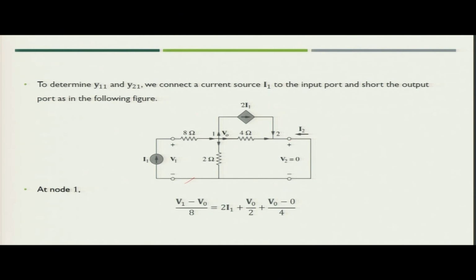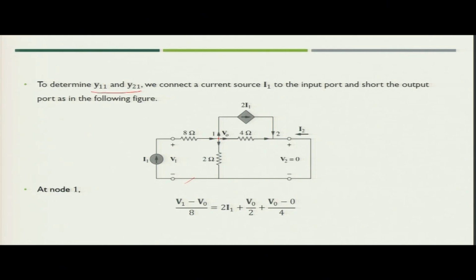So, when you have this kind of circuit arrangement, you will be able to get the values of y11 and y21. Now, if you see this particular circuit, let us assume that the voltage at this particular node is V naught. So, what we will do? We will apply KCL at this particular node and try to solve the equation.